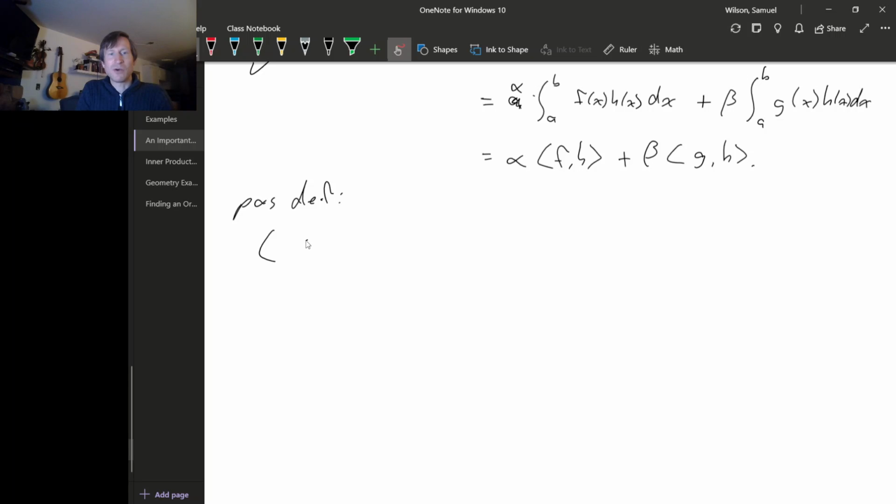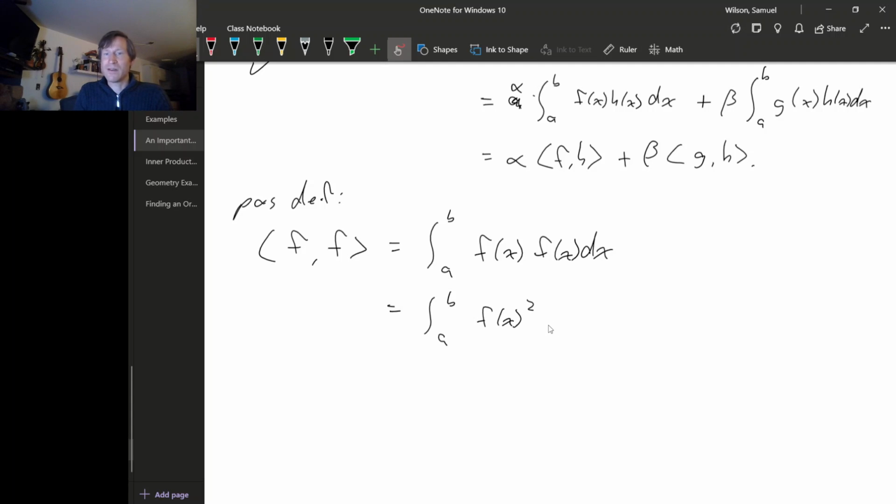So let's think about what is the inner product of a function with itself. So this is going to be the integral from a to b of f(x) times f(x). Okay, so this is the integral from a to b of f(x) squared dx. Is this always greater than or equal to 0?